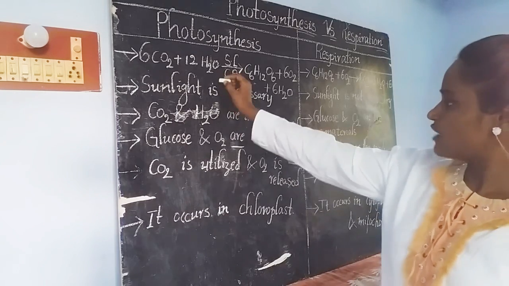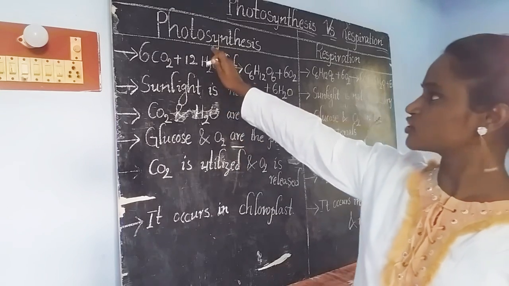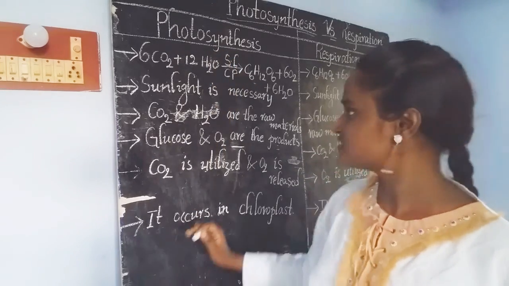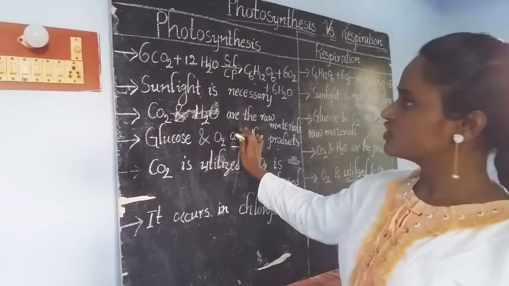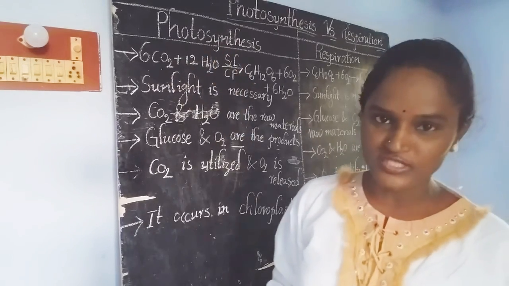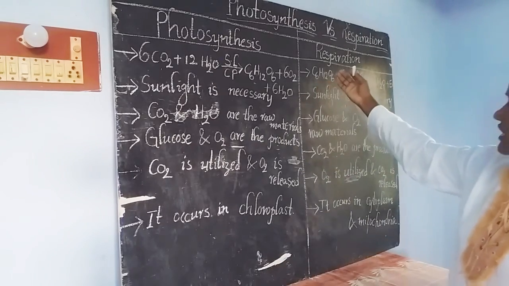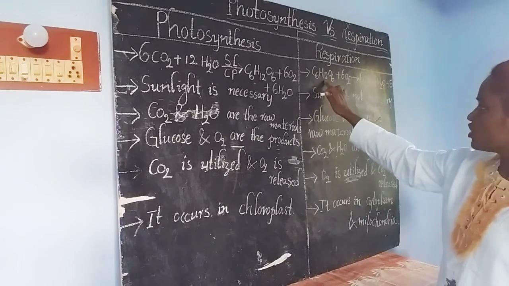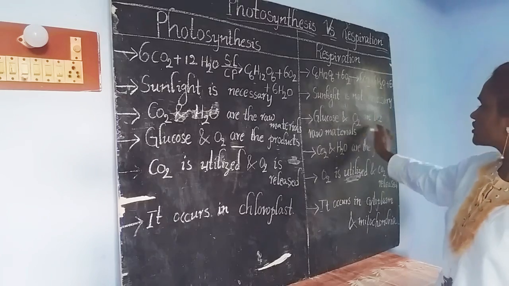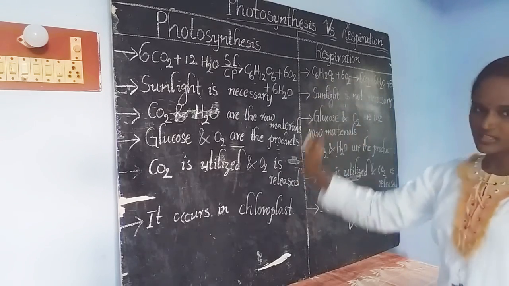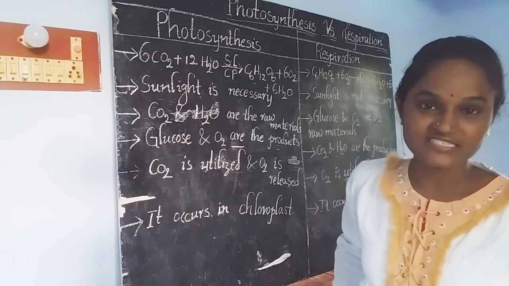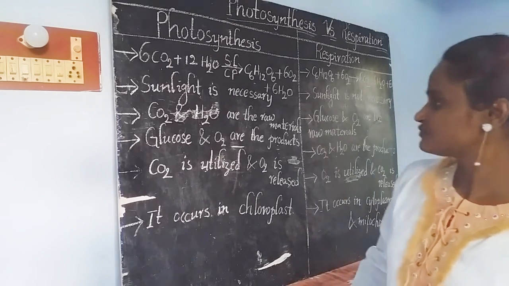If we talk about the raw materials of photosynthesis, carbon dioxide and water are the raw materials. If we talk about respiration, glucose and oxygen are the raw materials, the starting materials.